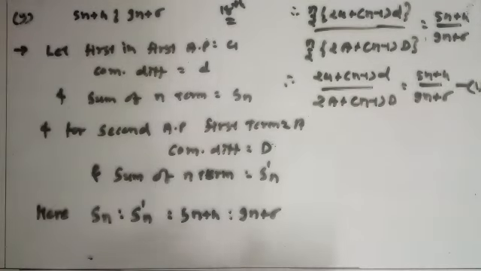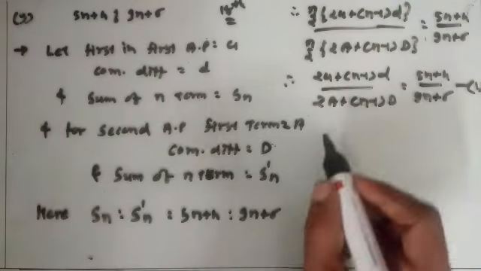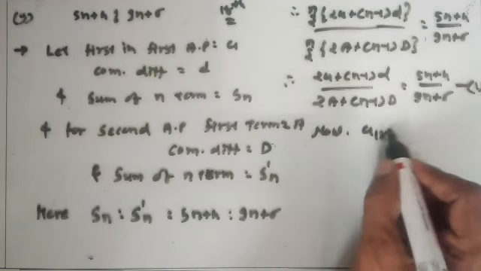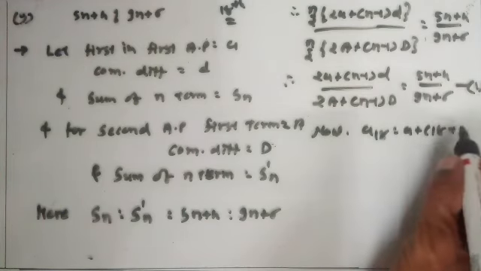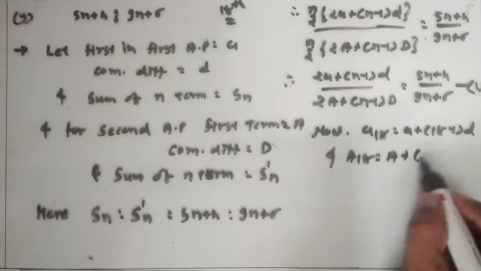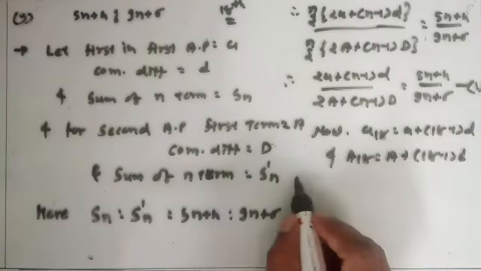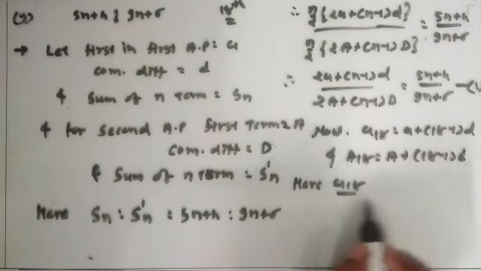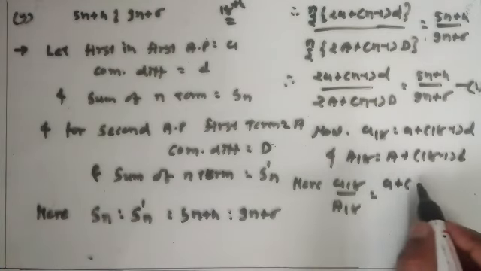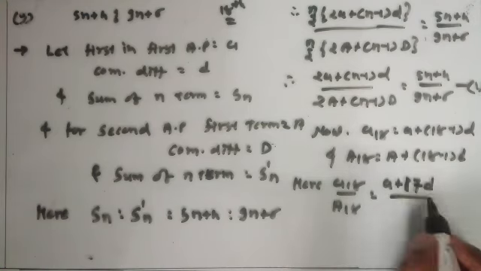Take this as result number 1. Using this result, we get the ratio of the 18th terms of both APs. The 18th term of the first AP is a18 equal to a plus 18 minus 1 into d, and for the second AP, capital A18 is equal to A plus 18 minus 1 into D. So a18 upon capital A18 is a plus 17d upon A plus 17D.